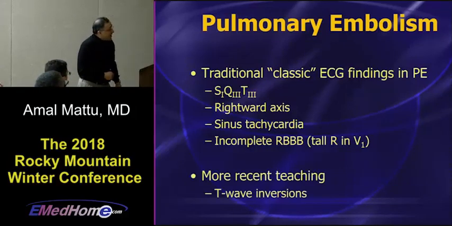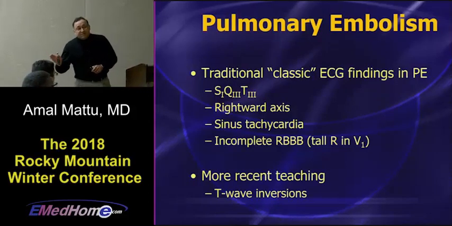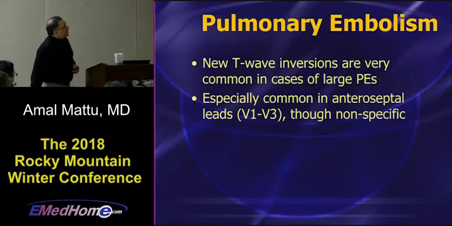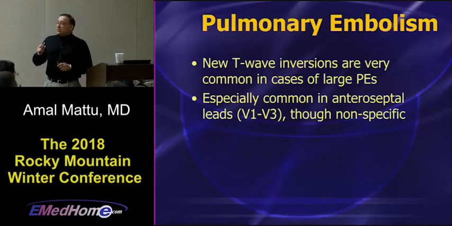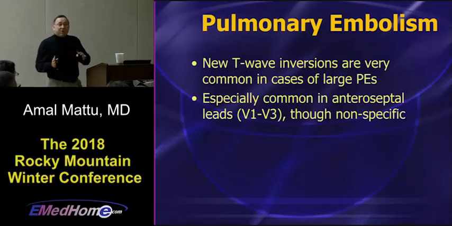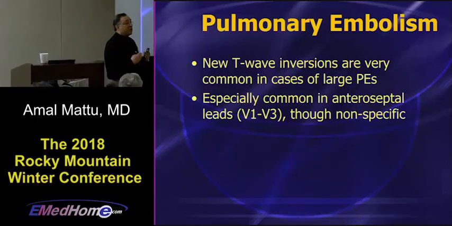I'm going to also add, there's more recent literature that's talked a lot about T wave inversions, and hopefully this message has gotten out there. I'm not going to get into detail on it, but just to show you a few cases, T wave inversions are very, very common in large PE and are beginning to become one of those things that I think we should all be learning about.